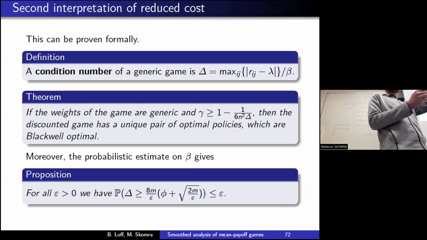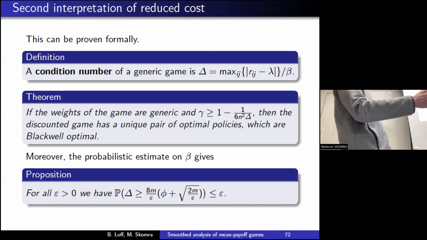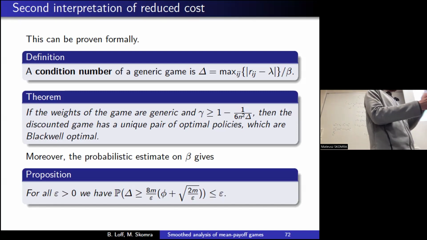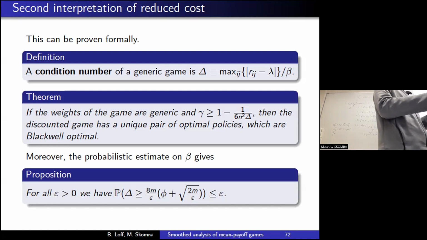We have seen the estimate with 2 to the n, or something. But it turns out that if you look at this ergodic equation, and you have this gap beta between the maxima and the minima, then since the Blackwell bias comes from this development of the value, this beta tells you that the Blackwell threshold cannot be too high.